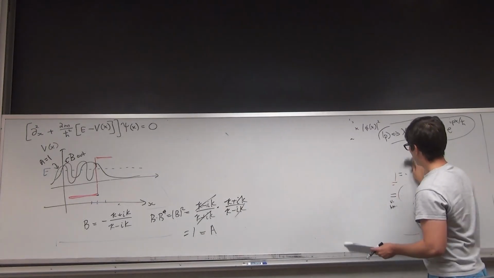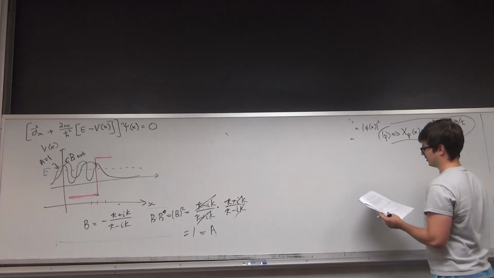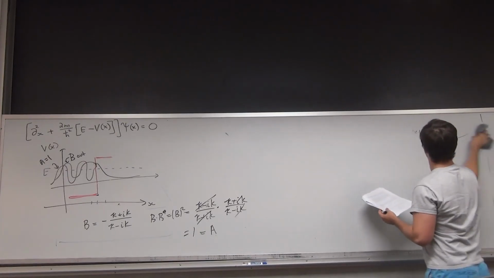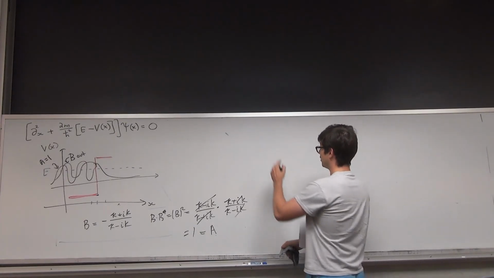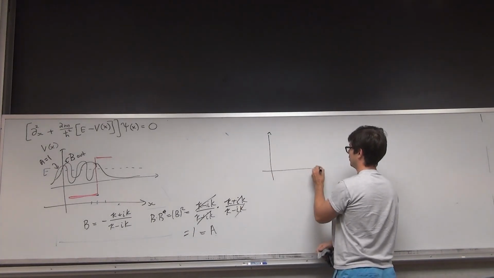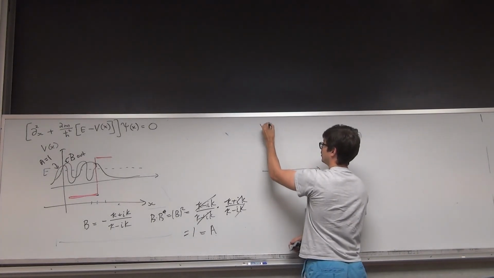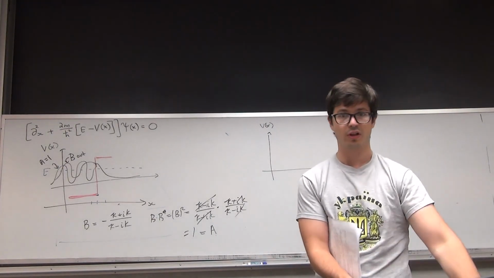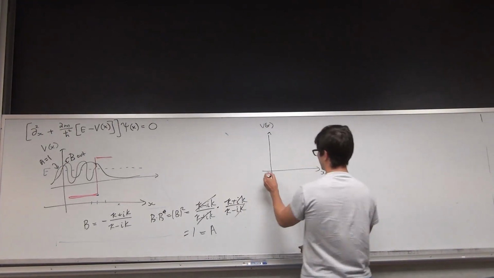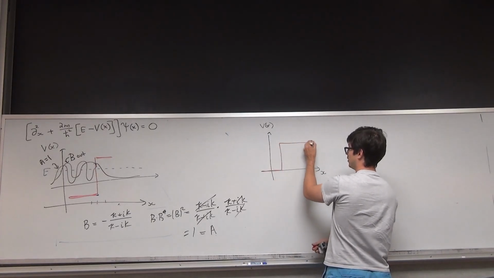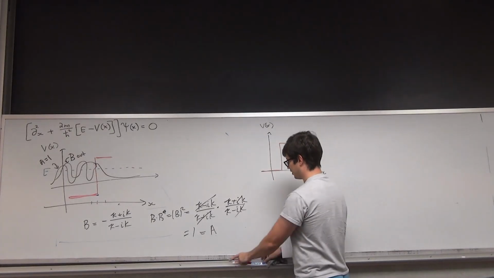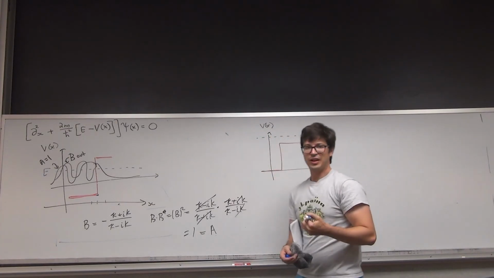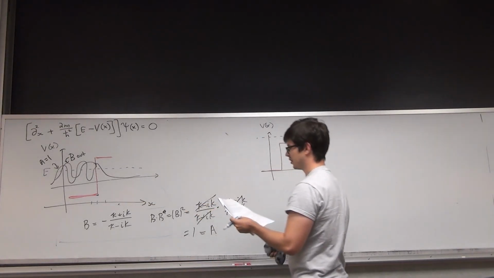We can also look at what happens when E is greater than the barrier. Say you had your step potential, but suppose your E was like this. You have your potential, but then your energy, suppose, is higher over there, like that. Then you'd expect the whole thing to be transmitted. So what do we expect?